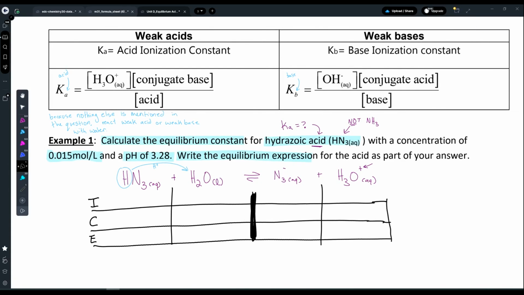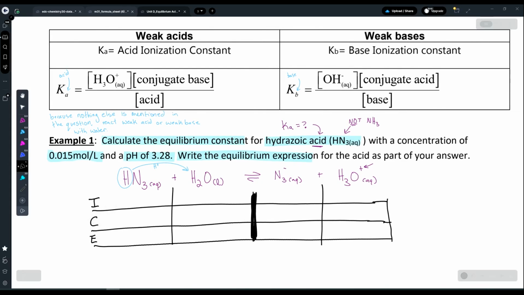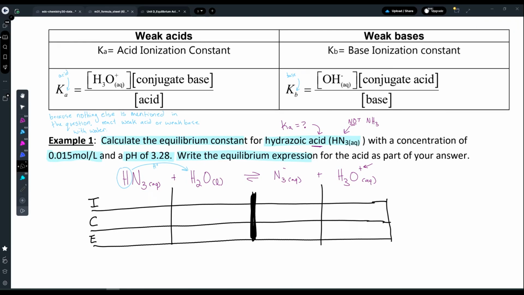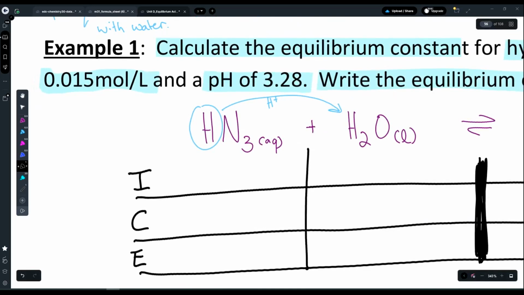We're told that hydrazoic acid has a concentration of 0.015. That's going to be its initial concentration before this reaches equilibrium.